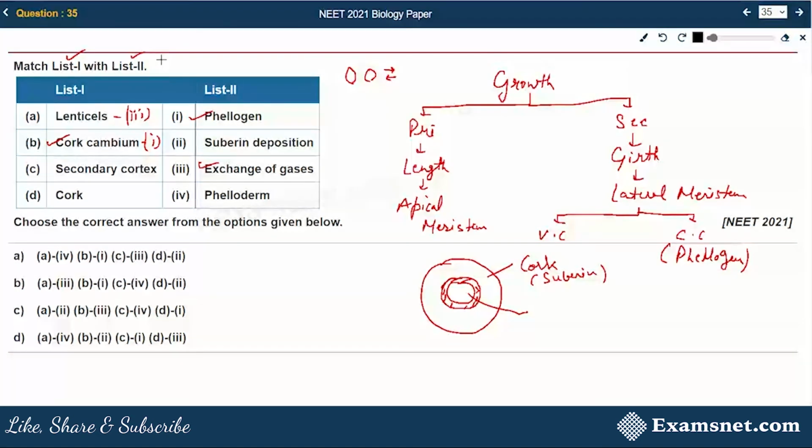Therefore, the correct match for cork will be suberin deposition, that means number 2. Whereas the inner part develops into secondary cortex, which is also known as phelloderm. Therefore, the correct match for secondary cortex will be phelloderm. So option B is the correct option. I hope you understood this.